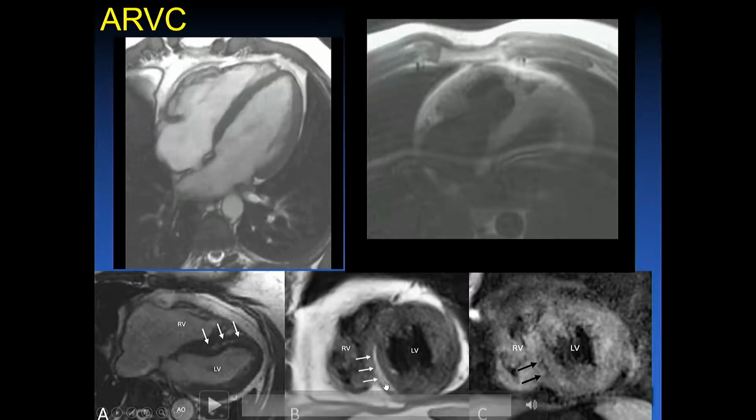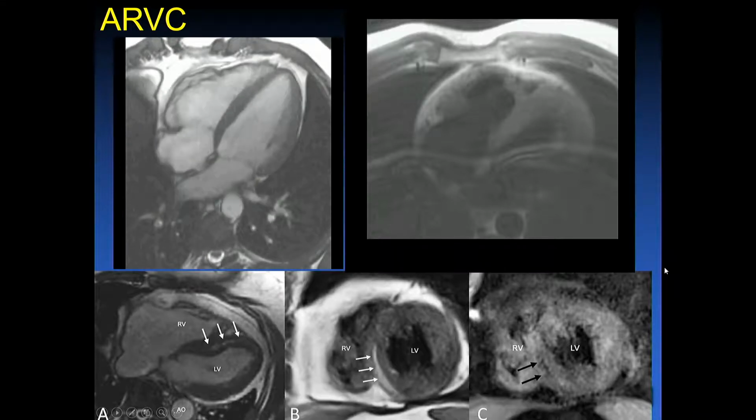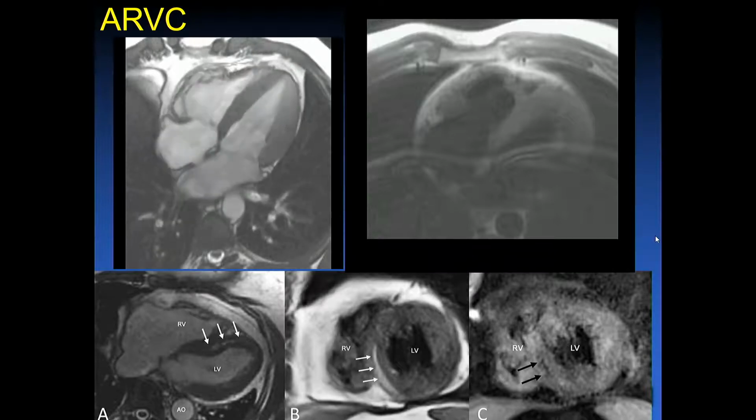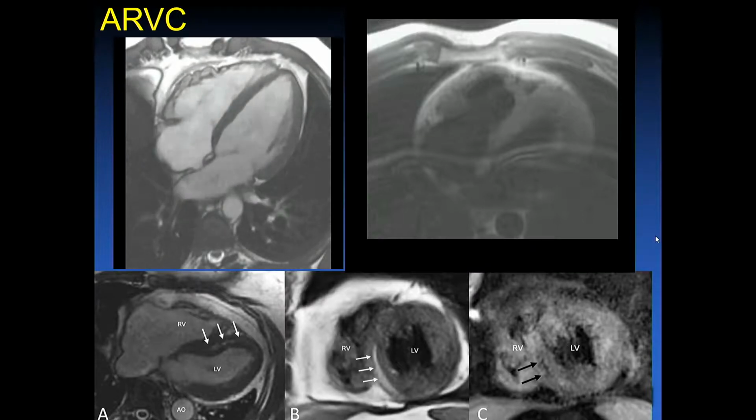So you know with good degree of confidence this is a strip of myocardium that is a fat infiltration. And these sort of cases have been described across different centers, that fatty infiltration leading to ventricular arrhythmias is not a condition that is restricted to the right ventricle.